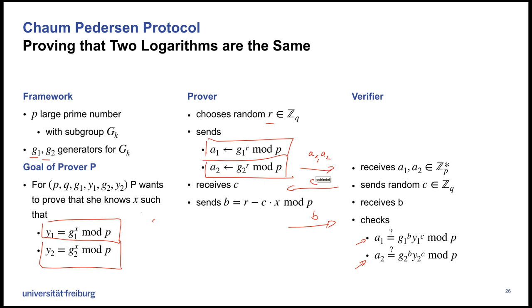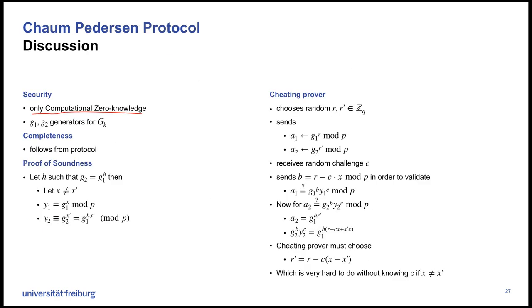So you can start with R and R, but then you have problems to generate B. So we cannot compute this in a way that we emulate this computation, especially since we now don't know the structure of Y1 and Y2. So that is a problem. Now let's talk about, so completeness follows from the protocol. We can convince that this is the case because we just follow the protocol.